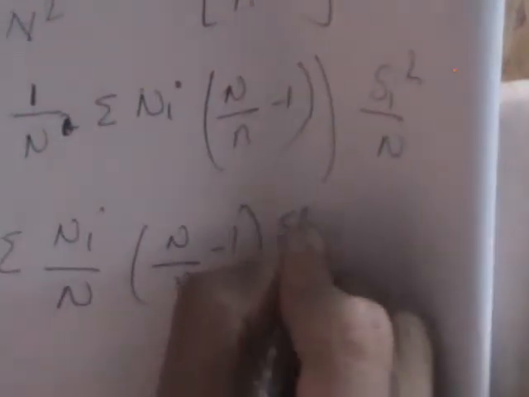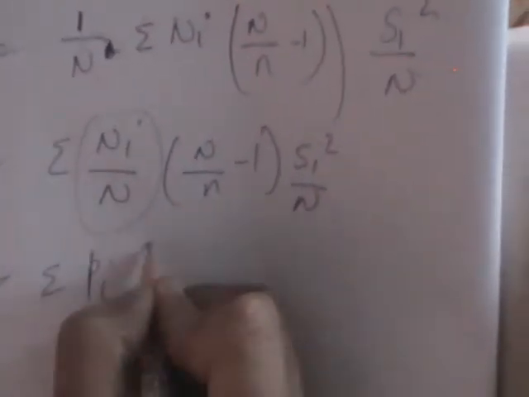So if you write here sigma Ni by N into (N by n minus 1) into si square by N. What is Ni by N? It is nothing but Pi, sigma Pi into (N minus n) by nN into si square.